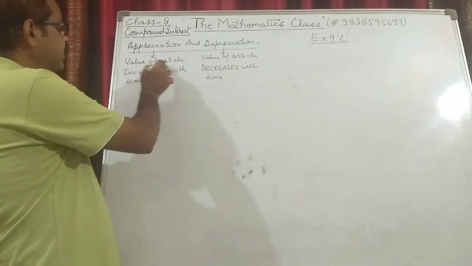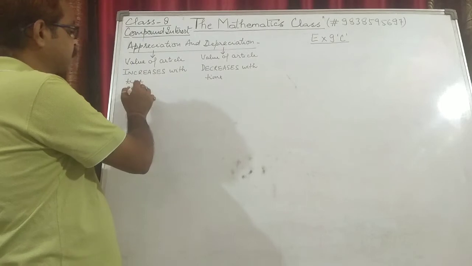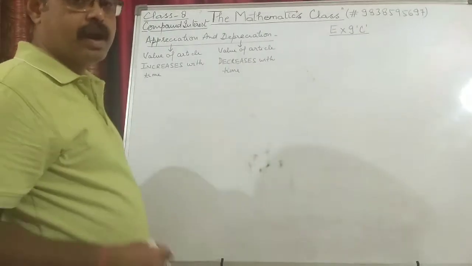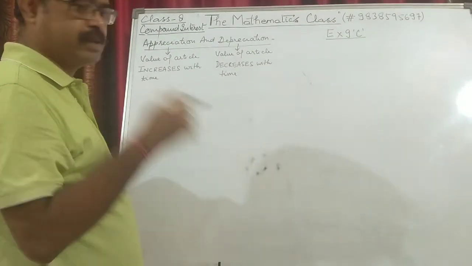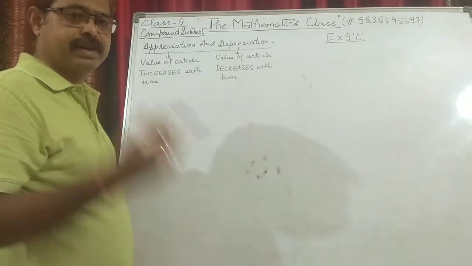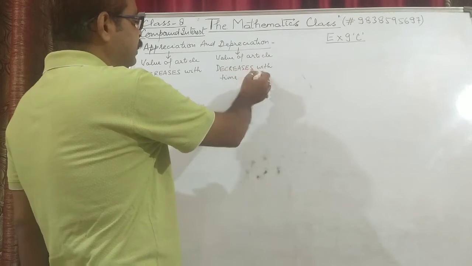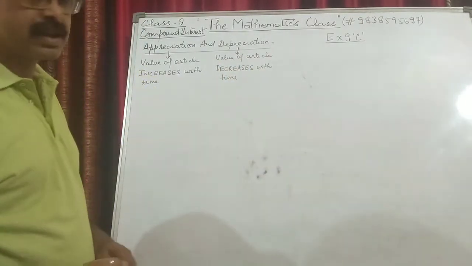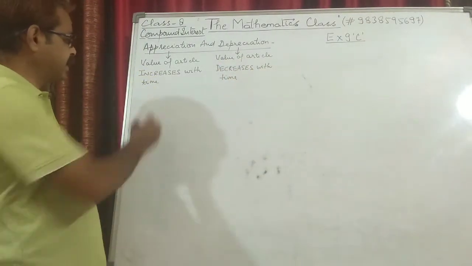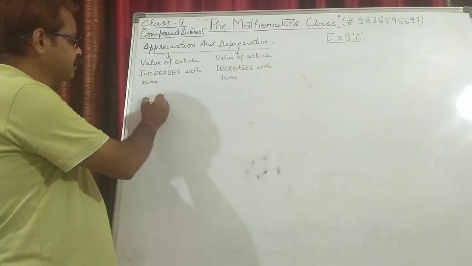When the value of any article increases with time, it means it has been appreciated. Basically, the literal meaning is increasing. And depreciation means when the value of an article decreases with time.